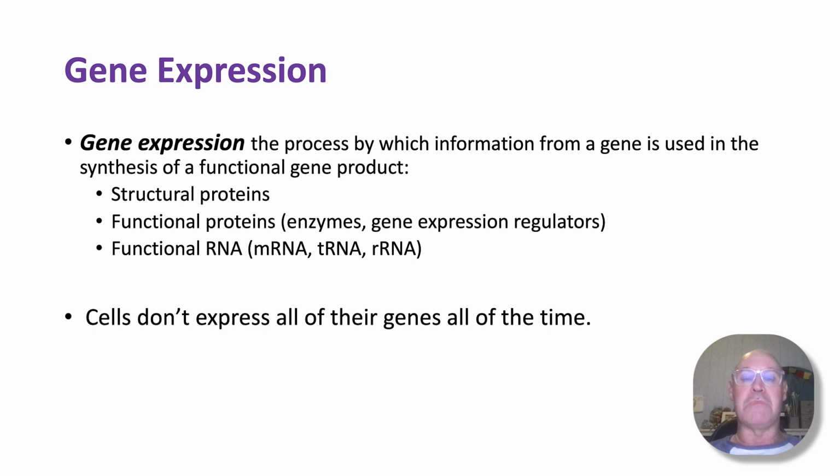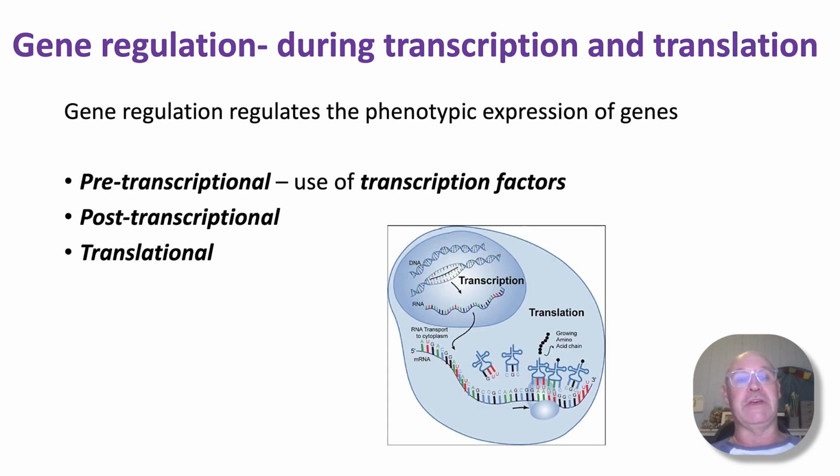So most genes are never actually expressed in a particular cell. And even if they are, they're not expressed all of the time. The process of regulating gene expression is controlling what genes are expressed and when they're expressed. Put simply, gene regulation regulates the phenotypic expression of genes.